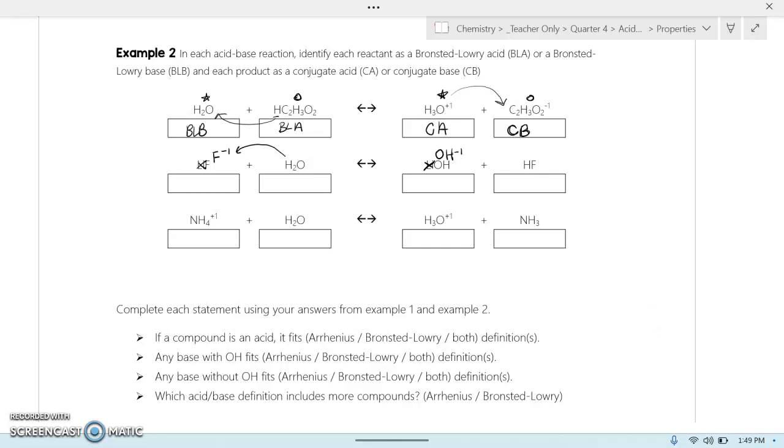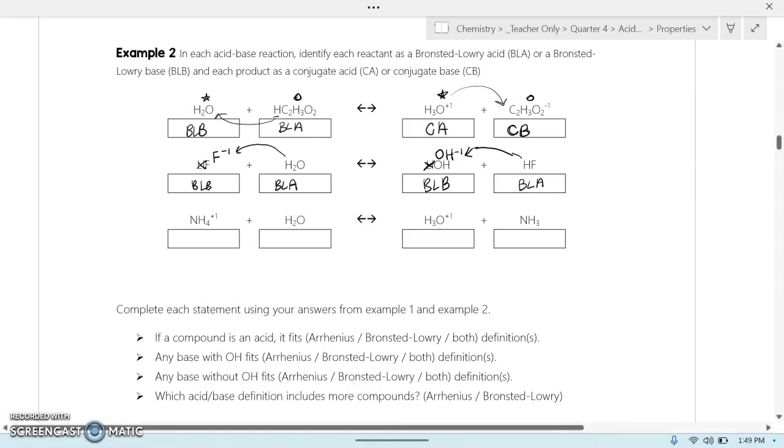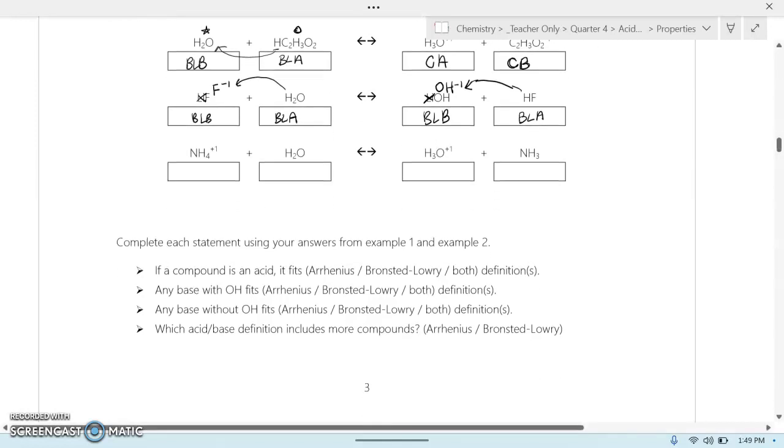And then to get back the other way, our H would be moving here. So this is our Bronsted-Lowry acid, because it's giving it, donating it. And this is the Bronsted-Lowry base. This is the Bronsted-Lowry acid and the Bronsted-Lowry base. I'll let you do the last one, and then we're going to answer these questions together.